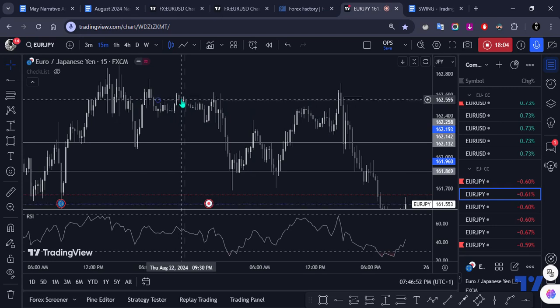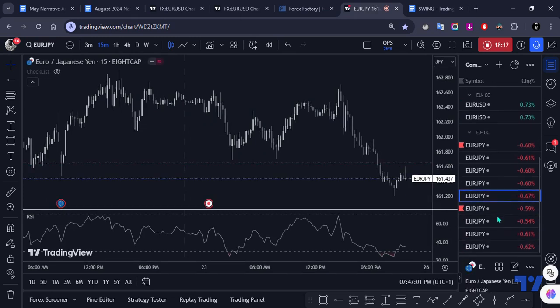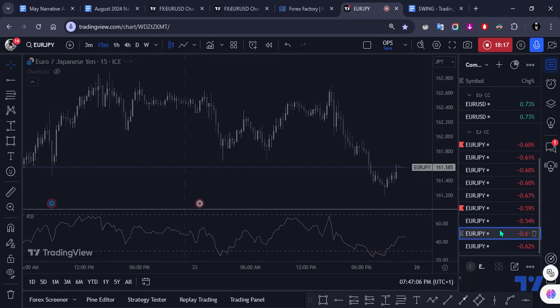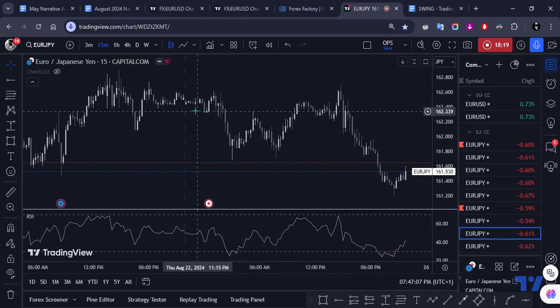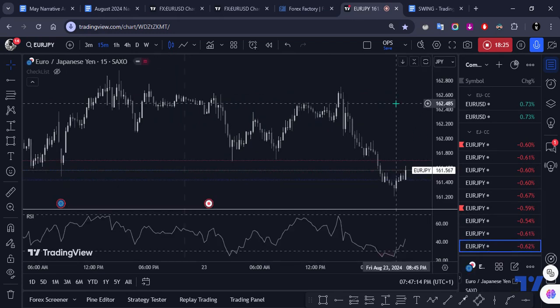The high happened outside here. So this is the first bounce I recognized. Same thing with other brokers' data. It seems very obvious. This one is more obvious because it's happening outside. So we are good. I'm good with my decision.